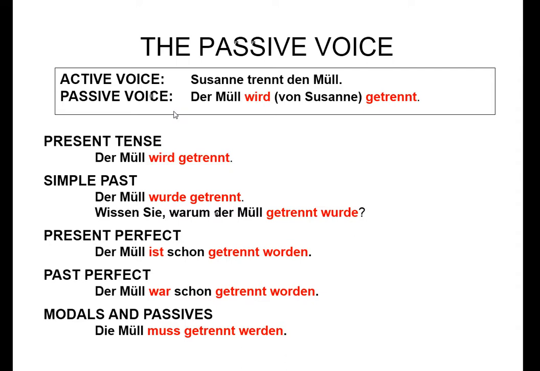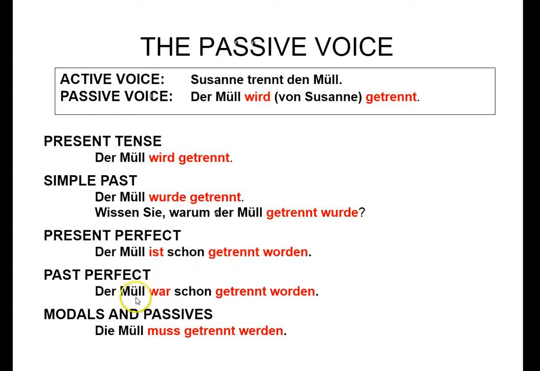Some we've seen and some we haven't, but I think you can figure out the pattern quickly. So, present tense, der Müll wird getrennt. Simple past, der Müll wurde getrennt. Present perfect, der Müll ist schon getrennt worden.